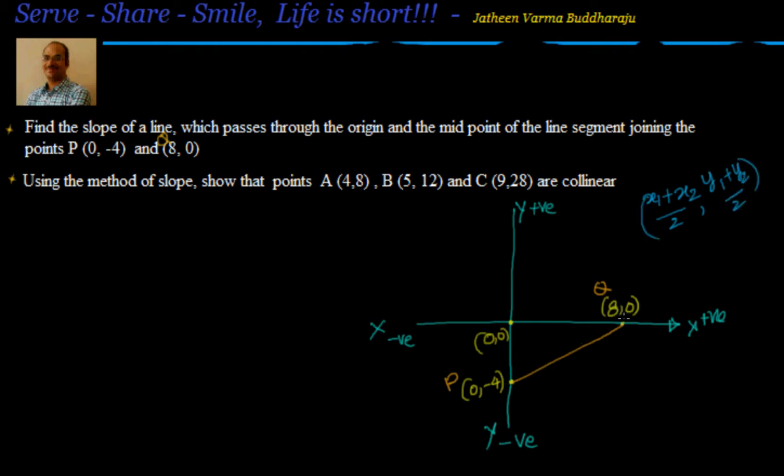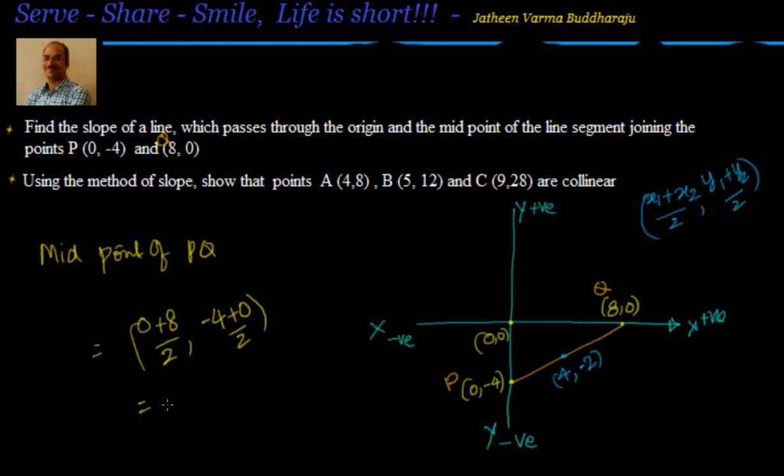Now 0 and 8. 0 plus 8 by 2, that is 4. -4 plus 0, -4 by 2 is -2. So midpoint of PQ is ((0 plus 8) by 2, (-4 plus 0) by 2), that's equal to (4, -2).